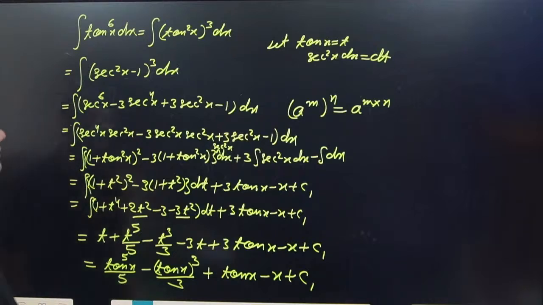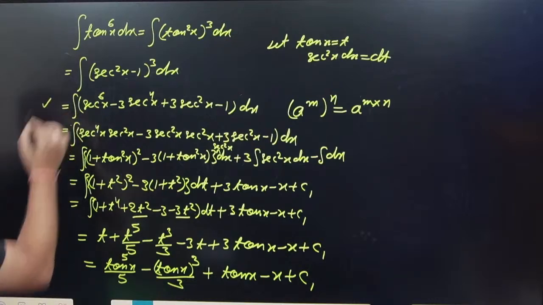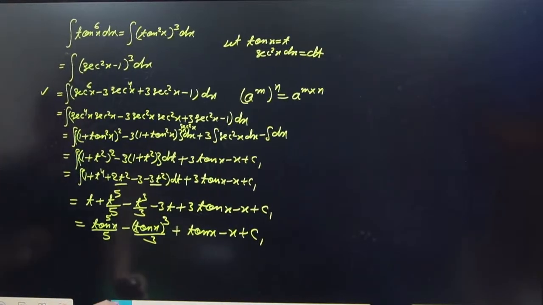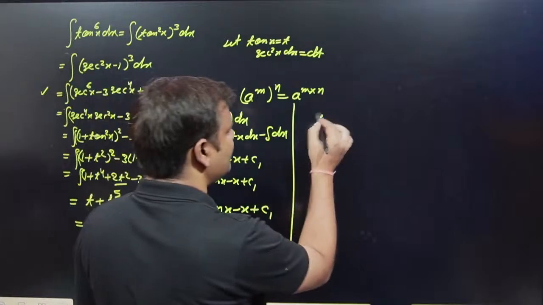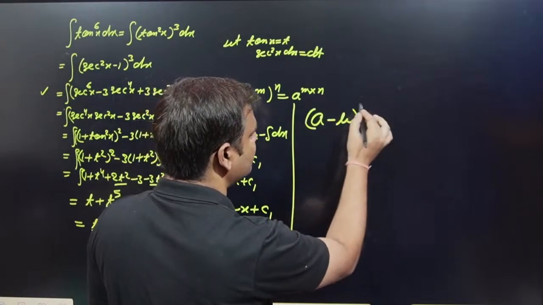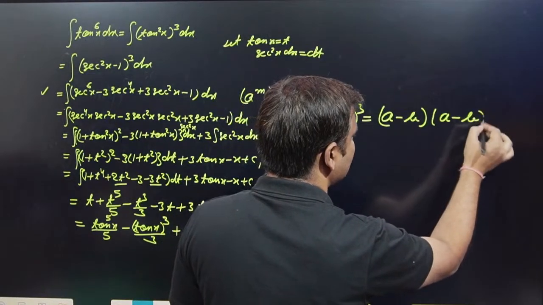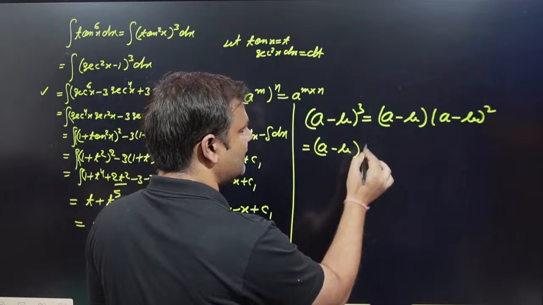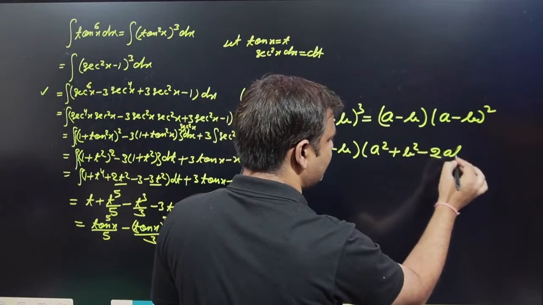Someone says, how did we get this formula? Okay, wait, I will explain. Look here. How can we generate it? Simply a minus b to the whole cube is written as a minus b into a minus b to the whole square. So a minus b into a square plus b square minus 2ab.